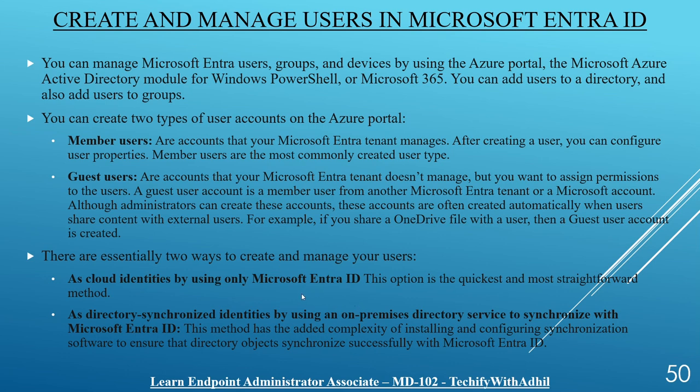The first one is to create the ID only in Microsoft Entra ID, available only there. The second is synchronizing the on-premises directory with Microsoft Entra ID, which is a bit complicated because of its process. You have to install and configure the synchronization software and also make sure the directory objects are synchronized properly to Entra ID.